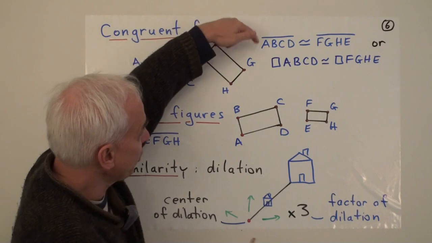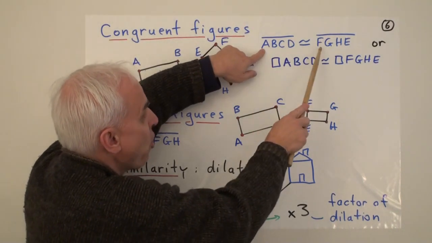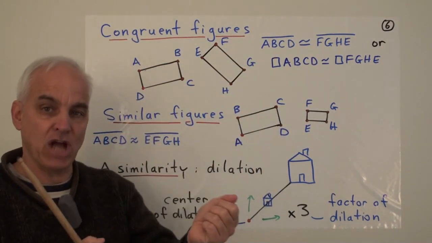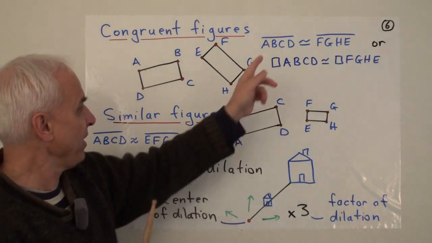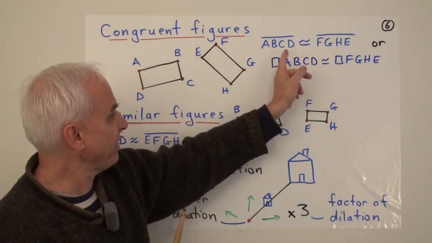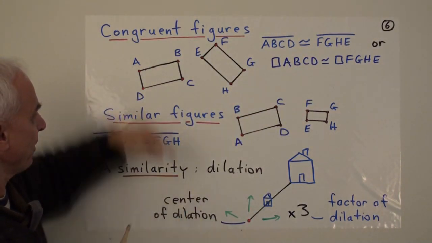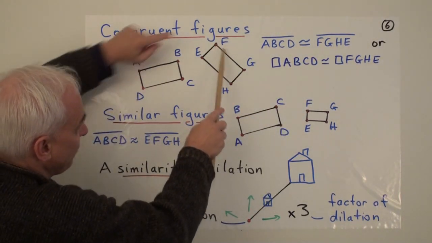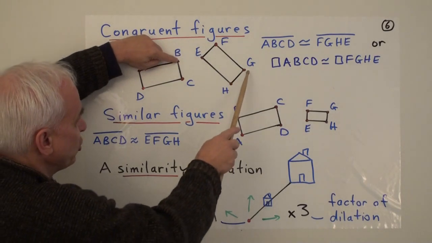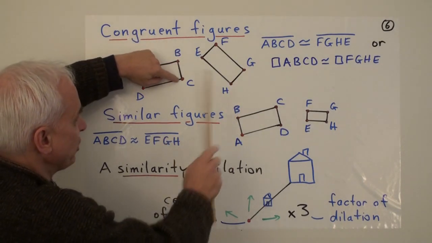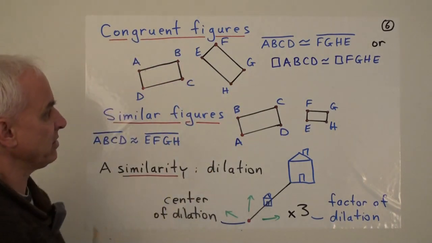It means that the congruence is such that the point A corresponds or is matched up with the point F, B is matched up with G, C is matched up with H, and D is matched up with E. So imagine A and F are corresponding, B and G are corresponding, C and H are corresponding, and D and E are corresponding.